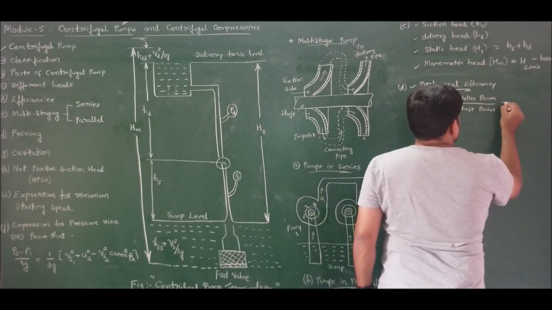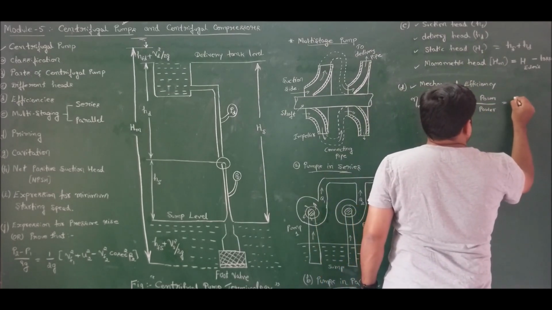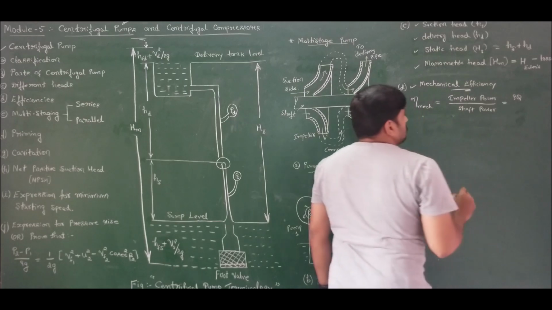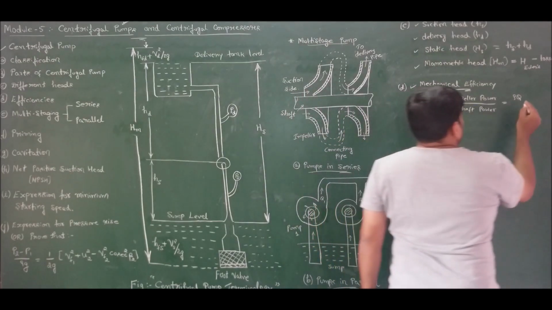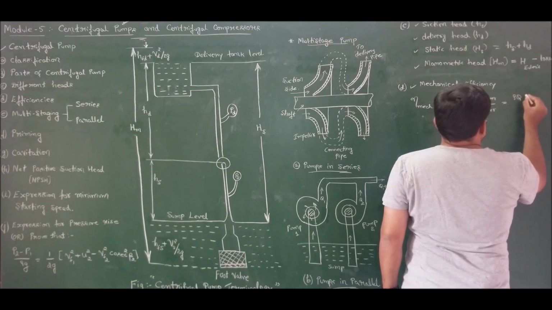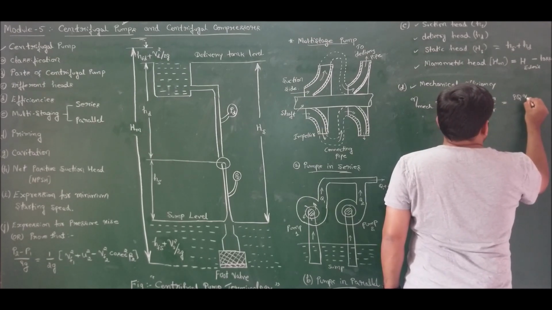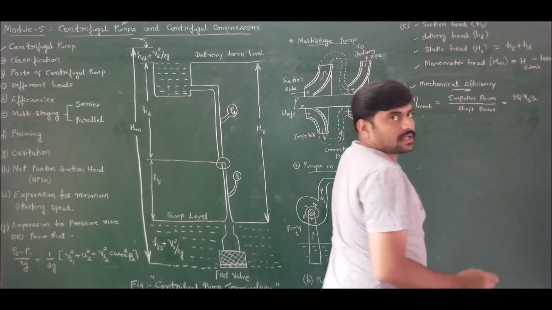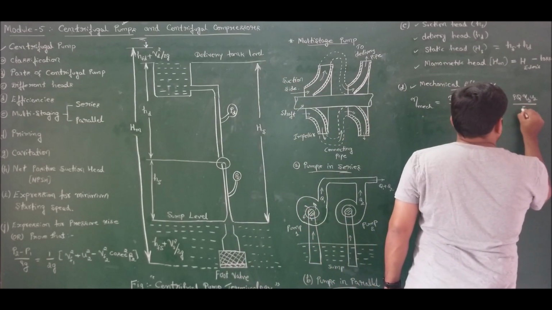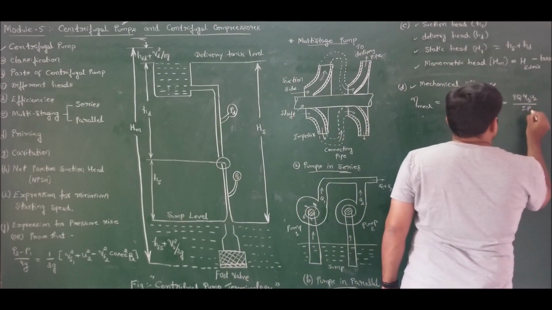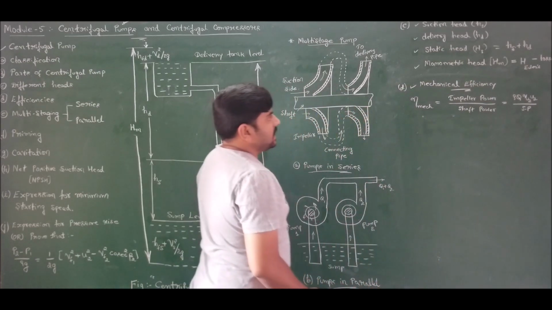Impeller power is already known to us, that is mass flow rate m dot, rho Q, into impeller work done per kg, that is VU2 U2 by GC. I'll substitute the value of GC as unity, divided by shaft power. So this is the expression for mechanical efficiency.